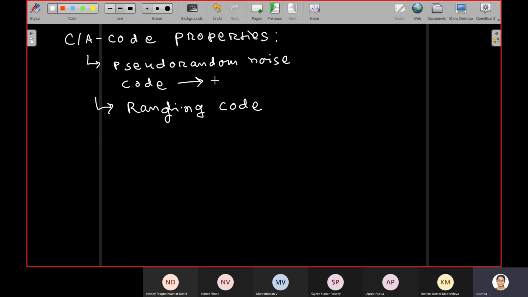We know why it is called pseudo-random noise. And the reason for calling it the ranging code is that using the code, later we'll see that it is possible to find the range to a satellite. The pseudo range measurement that we talked about is actually determined using the code.